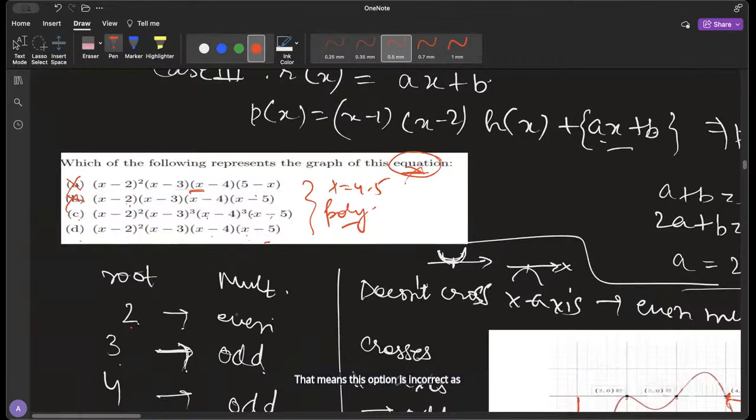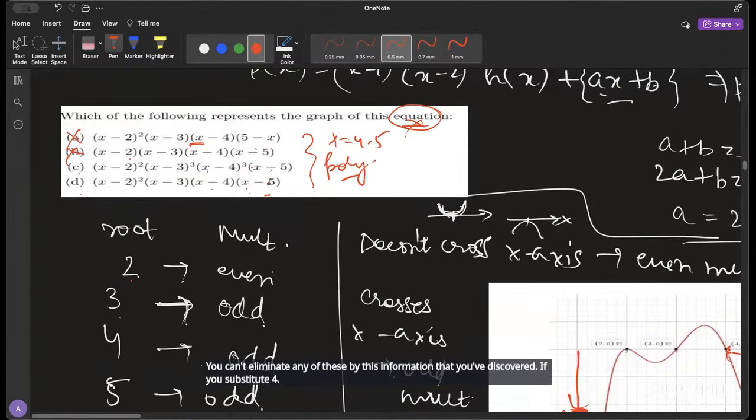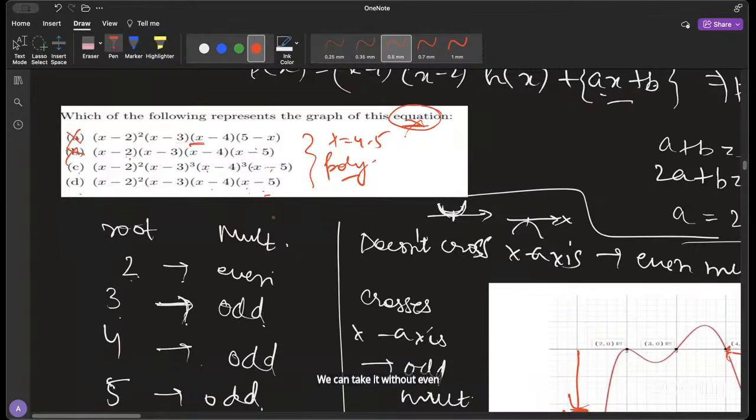Now coming to these two, you can't eliminate either of them with the information we've discovered. If you substitute 4.5, you get negative for both. You can check it without even substituting, because the powers are changing here, so multiplicity is going to play a role. That seems to be linear, meaning 1.